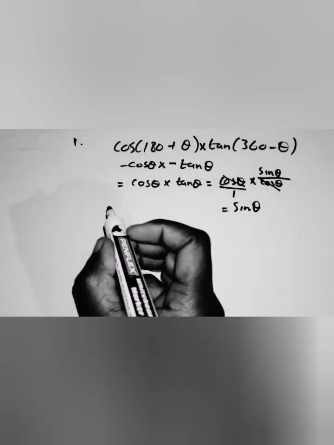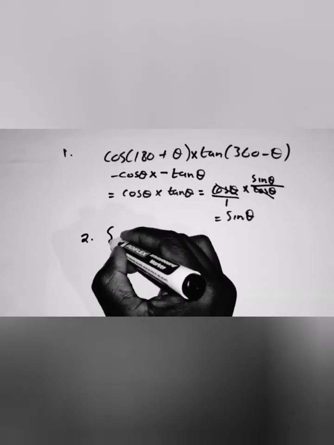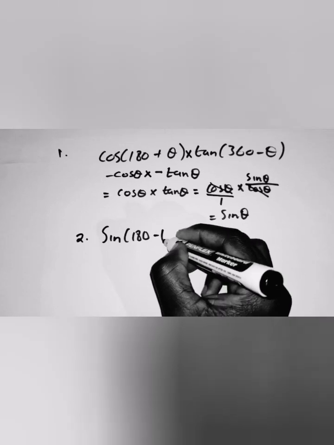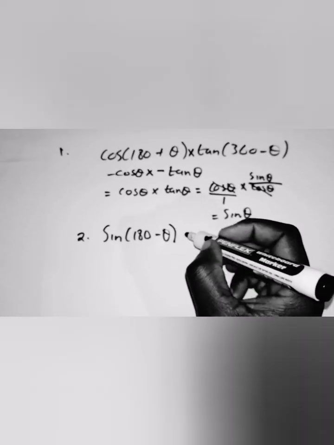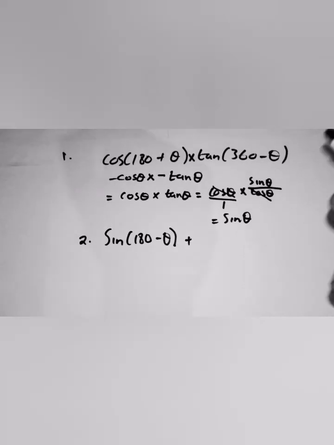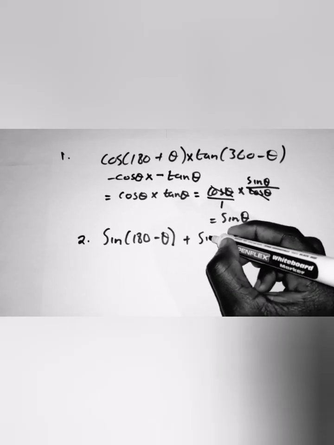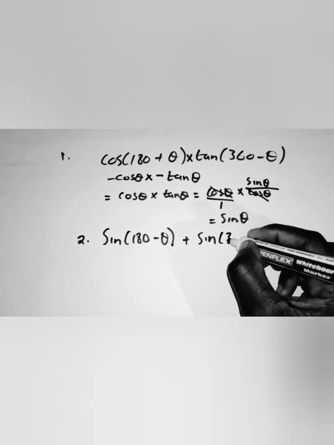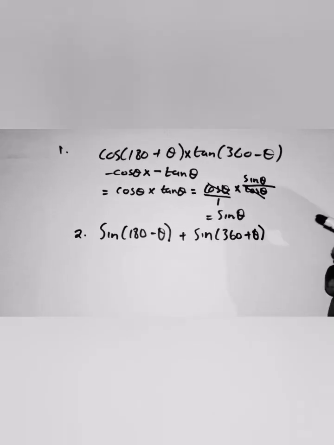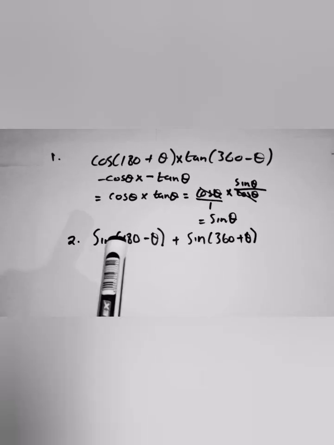So the most important thing, make sure that you do what? You close the trig ratio, then conclude with their quadrants. Now we have sine 180 minus theta plus sine 360 plus theta. So the bracket tells you about what? They tell you about the quadrants.